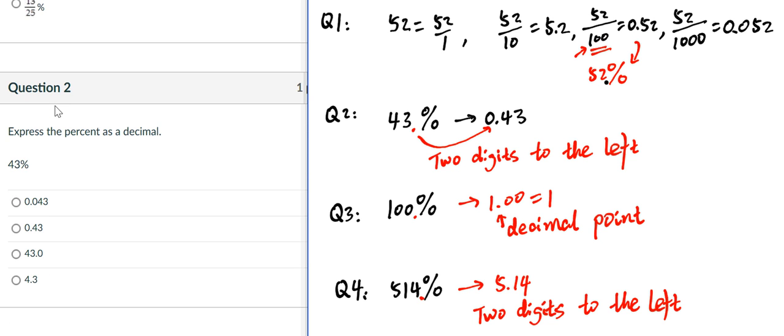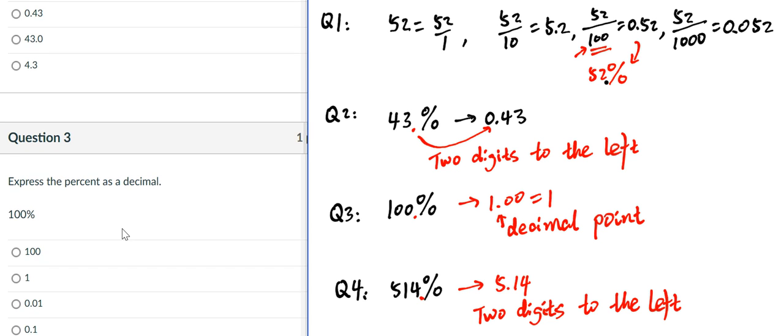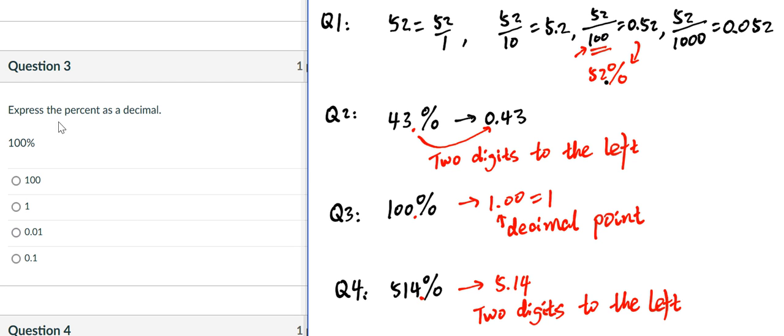Now, this one, 53%, then 2 decimal points to the left. Then you would choose this one. Question 3, express percent as a decimal. You see, this is percent. You want to change to the decimal.